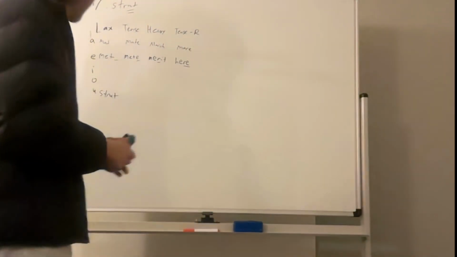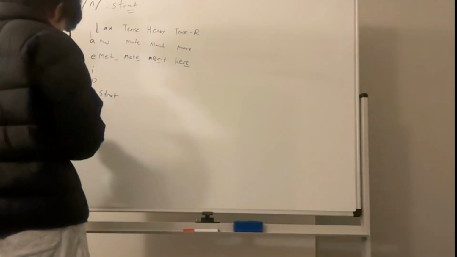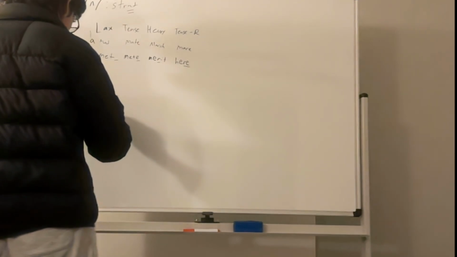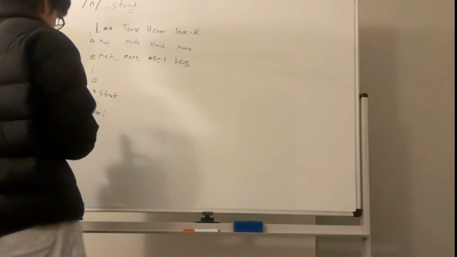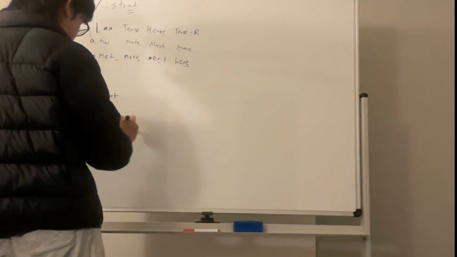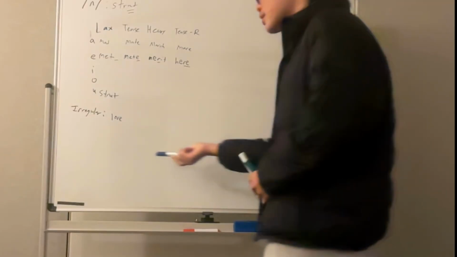In some Norman words, such as love, I'll put this as a separate column, irregular. In some Norman words, strut can be spelled as love. Can you notice how these are the same sounds?